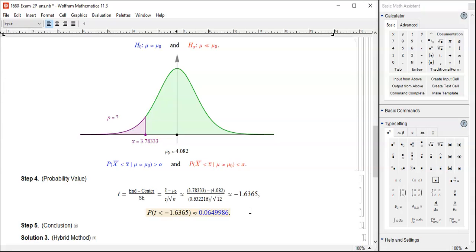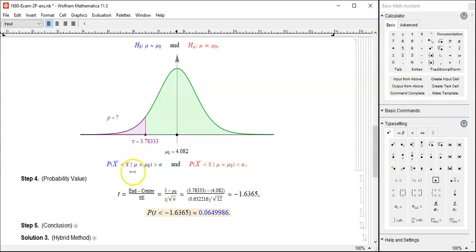The problem is, what does it mean? That's the hard part. Conceptually, this method is really hard because you have to understand the idea of this conditional probability. If the null is right, the condition part is given that null is right, the sample mean is so extreme that it is beyond the observed sample mean, so that we reject null.